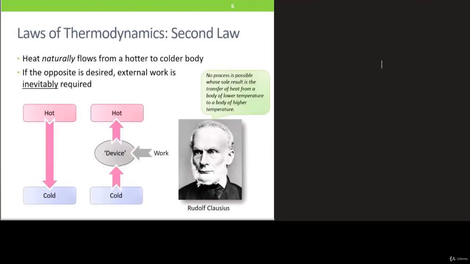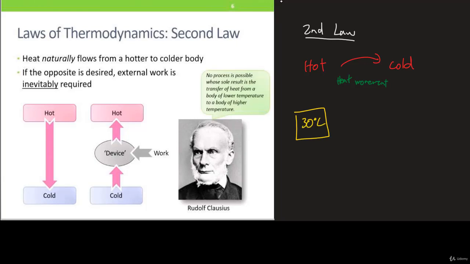Now I'll talk about the second law of thermodynamics. It means heat will always flow from a hotter body to a colder body. It happens so naturally that we don't really think much about it. We know that it's very normal. For example, if you have an object that is very hot, 30 degrees Celsius, and you have another item that is 15 degrees Celsius, how will heat transfer take place?